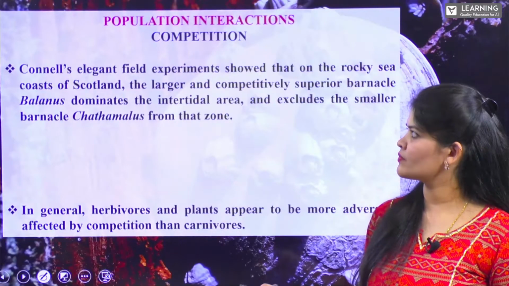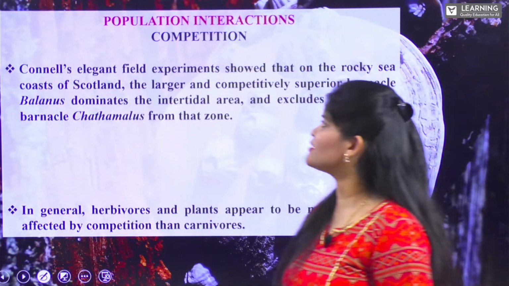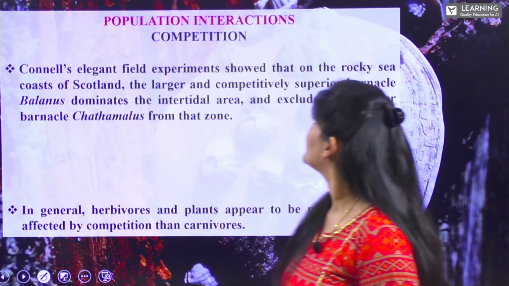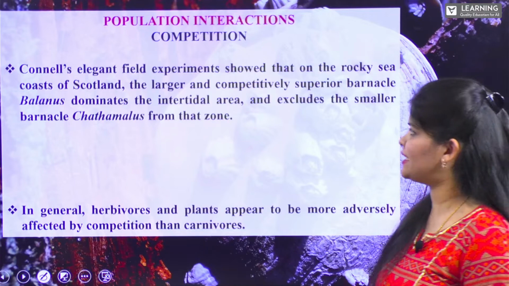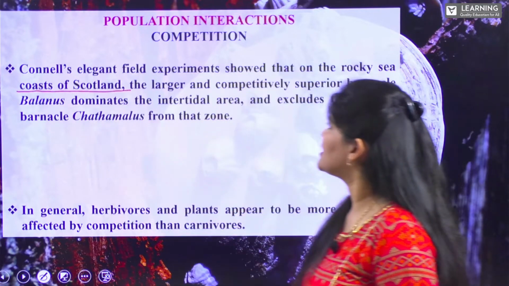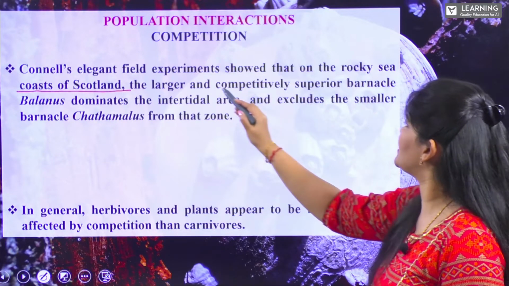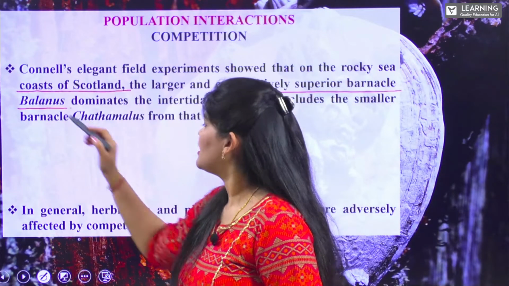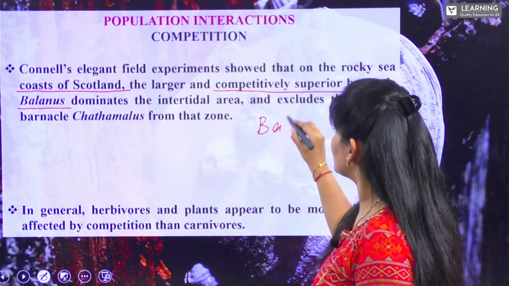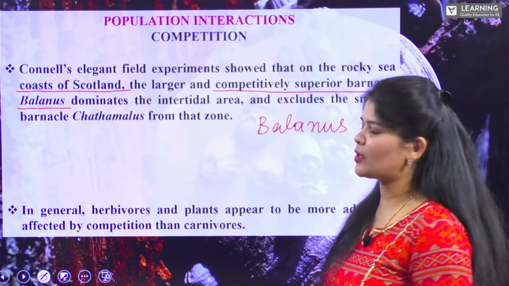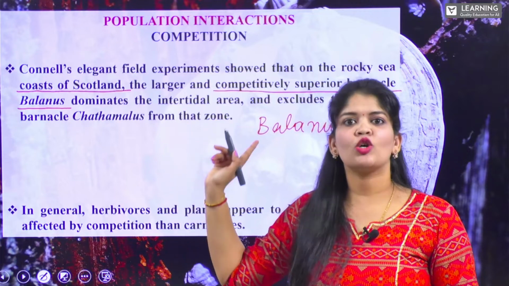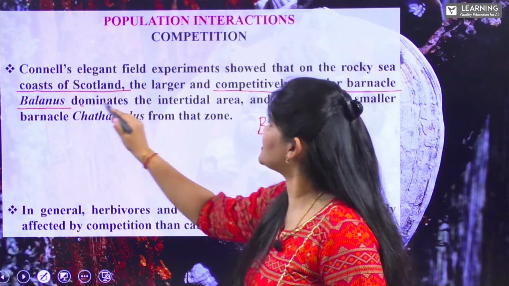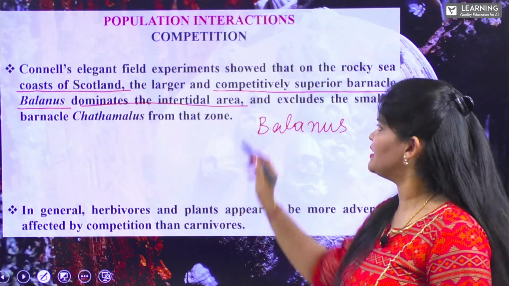Now, here, Connell's elegant field experiment shows that on the rocky sea coast of Scotland, the larger and competitively superior barnacle, that is Balanus, which is our species B in this experiment, is the superior competitor and dominates the intertidal area.